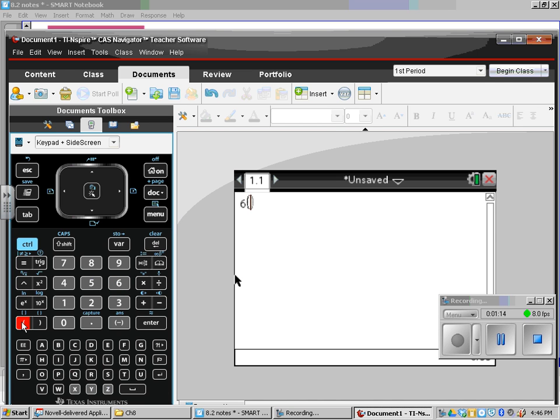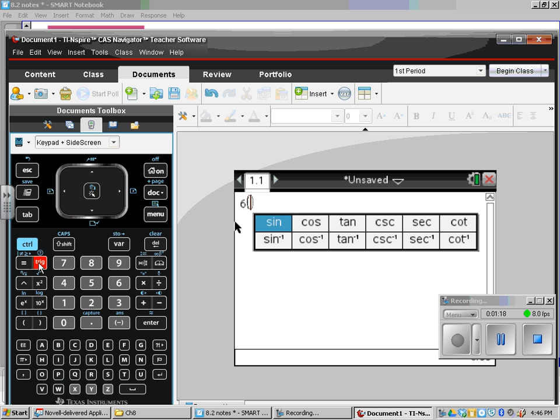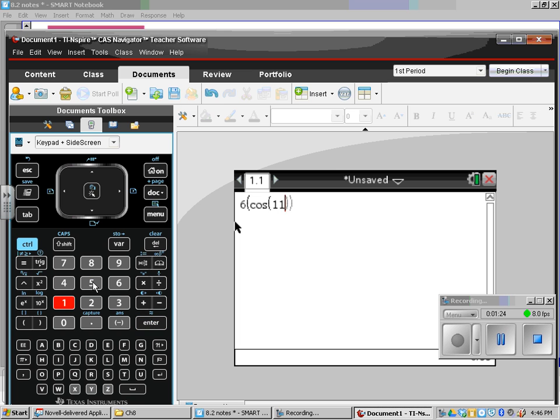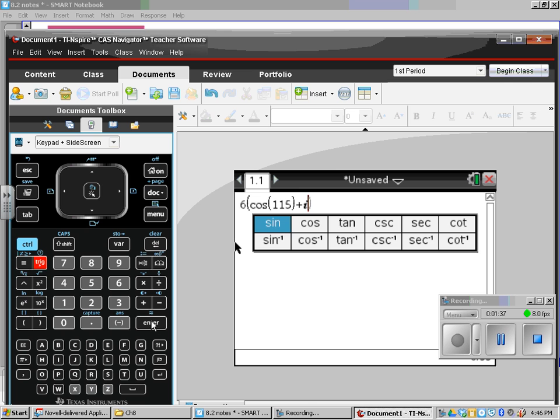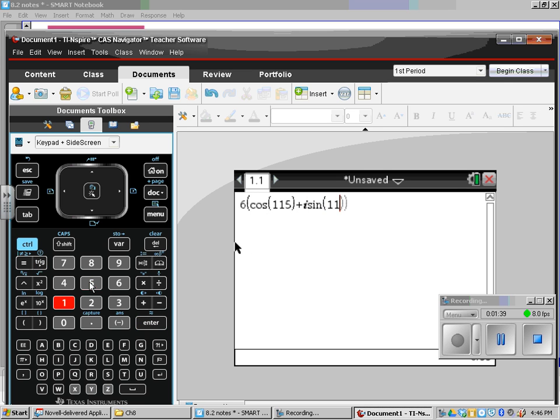Don't forget your parentheses, because the 6 in this case has to be distributed through the cosine plus i sine. So we're going to start with cosine, and our angle was 115 degrees. Watch your parentheses. You need the i, not the letter, but the i that's on the pi button, and then times sine 115.